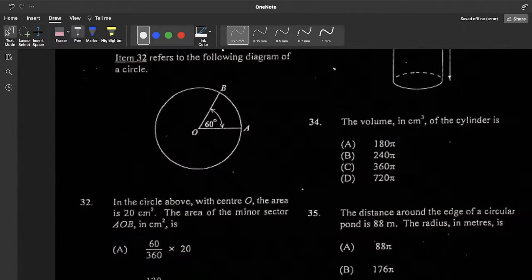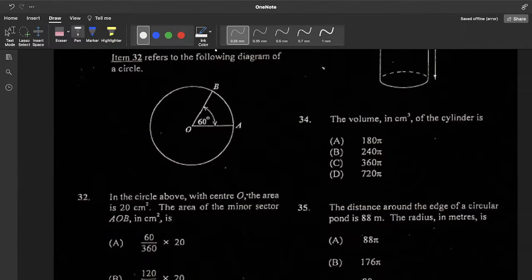Alright, so with this one now it says in the circle above with center O, the area is 20 centimeters squared. So we are saying the area of this entire shape is 20 centimeters squared. Now it's asking for the area of the sector AOB in centimeters squared. So we're looking at this section here. Think of this as a slice of pizza. This just represents one portion of the pizza.